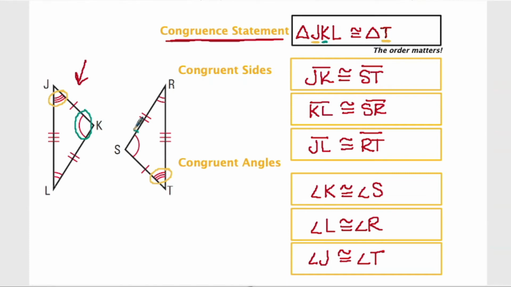So in my second one, I need to move then to vertex S. And then there's just one left. The double swoop L matches up with the double swoop R, so since I ended with L, I'll end with R. So the congruence statement says that those triangles are congruent, and the order of the letters really matters.